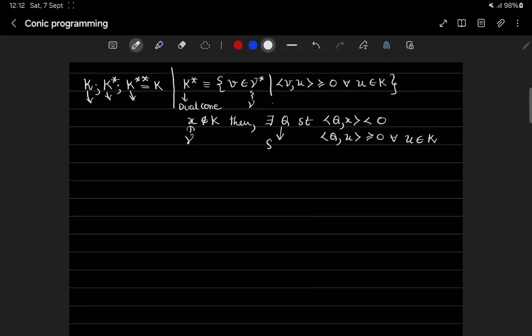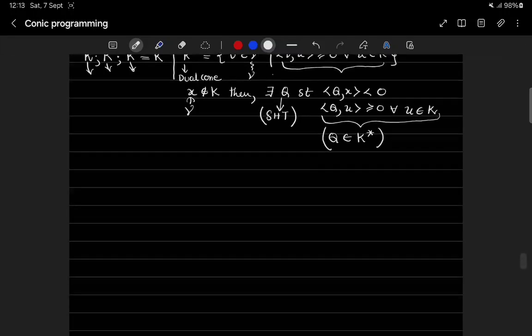This is the separating hyperplane theorem, and you can see that this is exactly the same definition that appears here. So basically what I can say is q is an element of K star. This is a general feature: the separating hyperplanes are the elements of the dual. This will be useful later on.